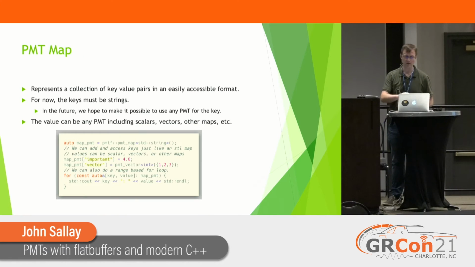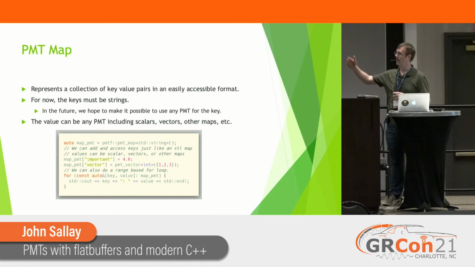The next one is a PMT map. So this is a collection of key value pairs, like a dictionary in Python. For now, all of the keys have to be strings. I have a goal to relax that in the future so that you could have any PMT in there, but there's some effort that needs to go into that. And the value can be any PMT: scalars, vectors, other maps.